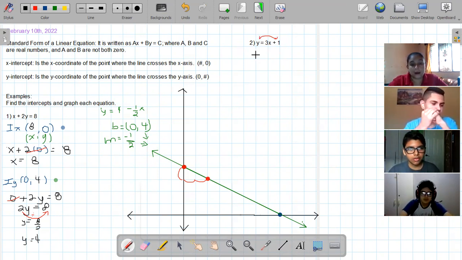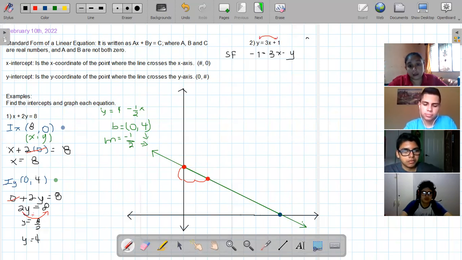Just making the swap, I get -1 is equal to 3x minus y. That is the standard form, okay? We're gonna say SF. This, where the y is completely alone, is slope-intercept. We're gonna say SI. But it doesn't matter. You can use either form to find the intercepts.